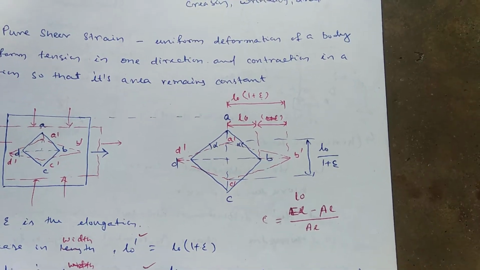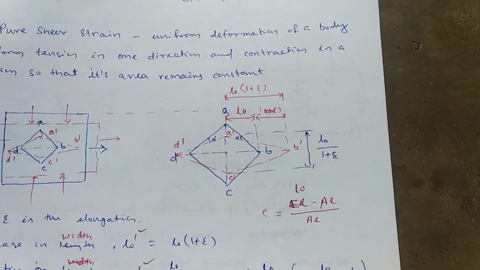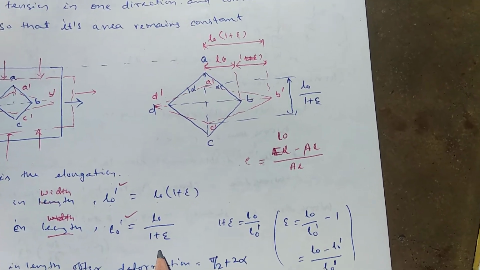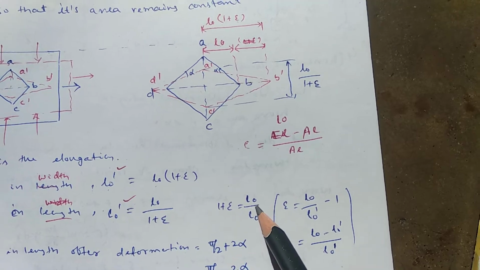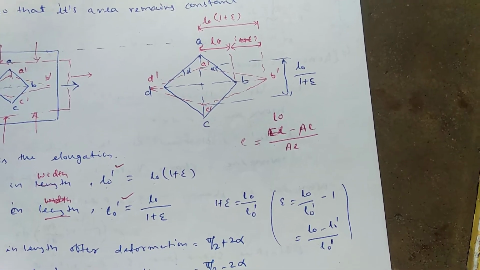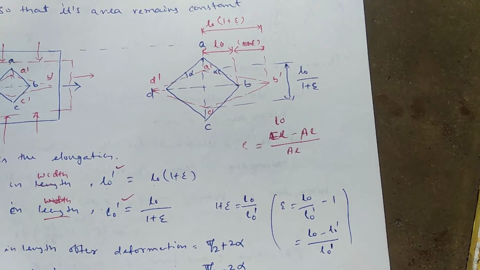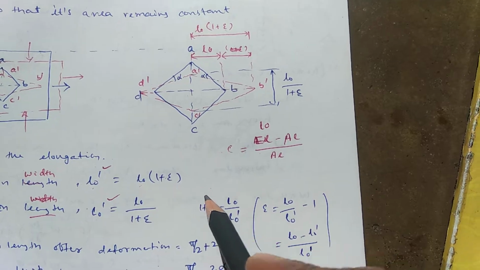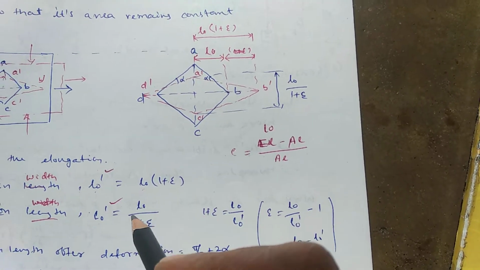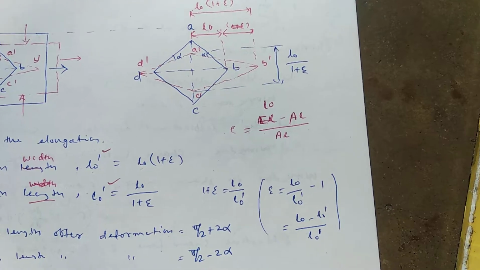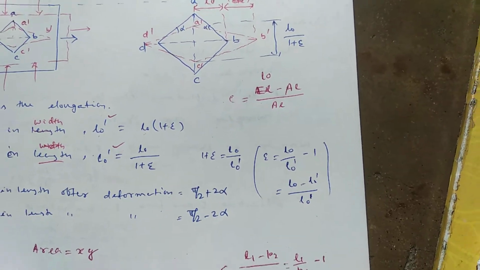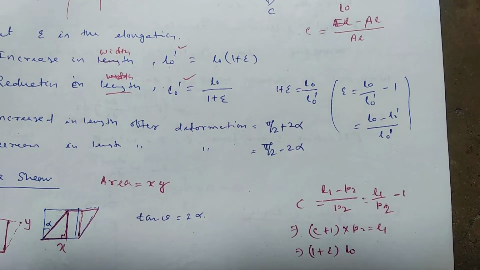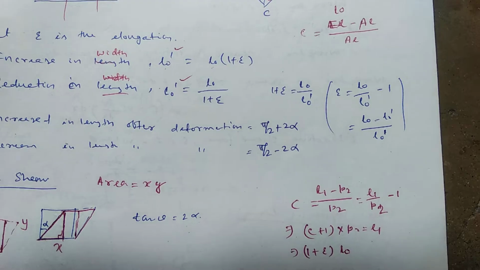If both are the same, the increase in length is L0 times (1 plus e), and the reduction in width L0 dash is equal to L0 by (1 plus e), where 1 plus e is equal to L dash by L0. So if we multiply to get the area, the (1 plus e) and 1 by (1 plus e) cancel, so L0 squared, the area will remain the same. But there is a change in the angle.